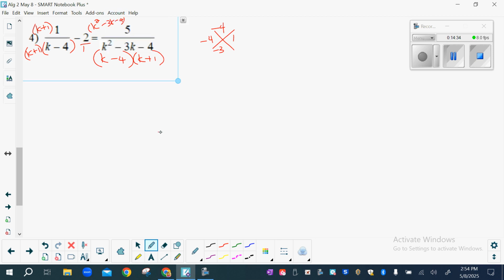And then it's going to let me do that. And then the bottom is the k minus 4 times k plus 1. Okay, so I get k plus 1 over k plus 1 times k minus 4.